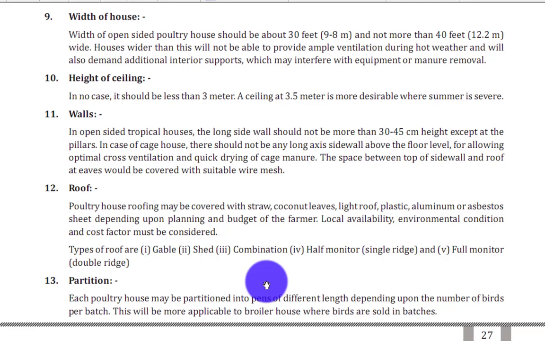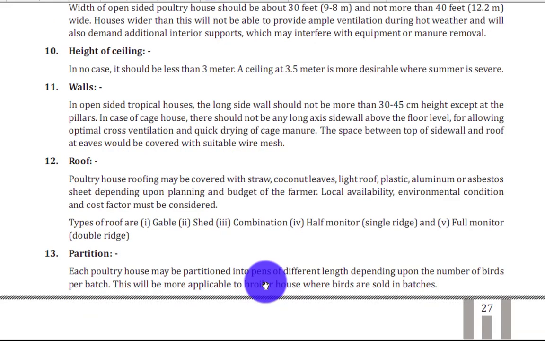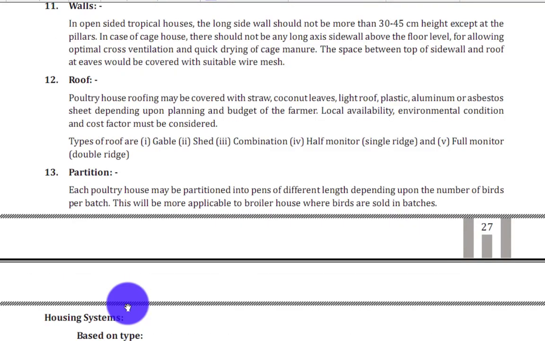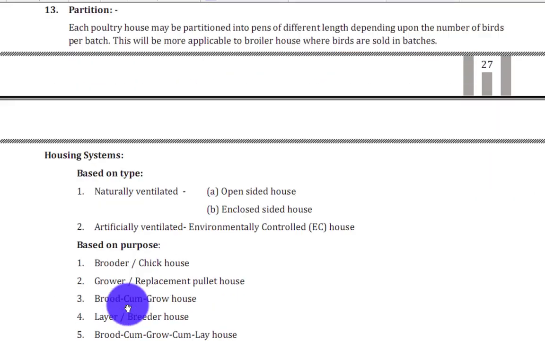Types of roofs: gable, shed, combination, half monitor, and full monitor. Partition. Each poultry house may be partitioned into bins of different lengths depending upon the number of birds per batch. This is more applicable to broiler houses where birds are sold in batches.